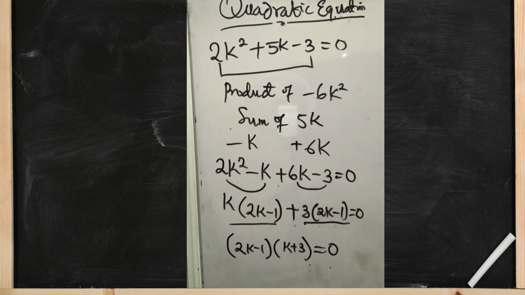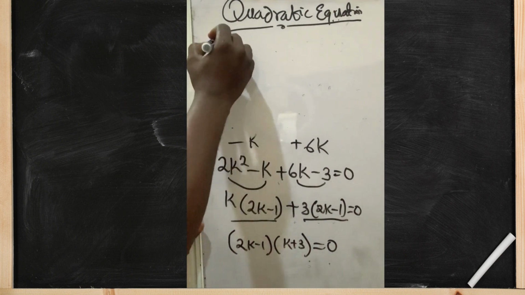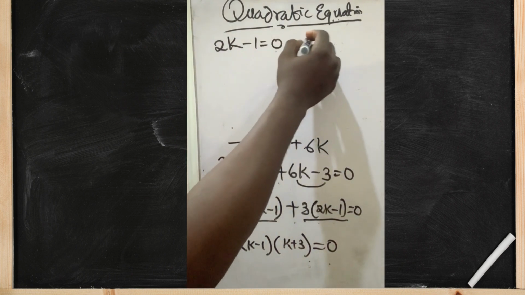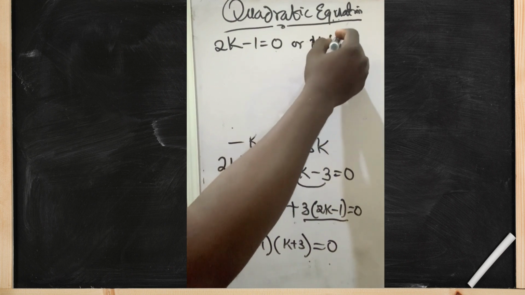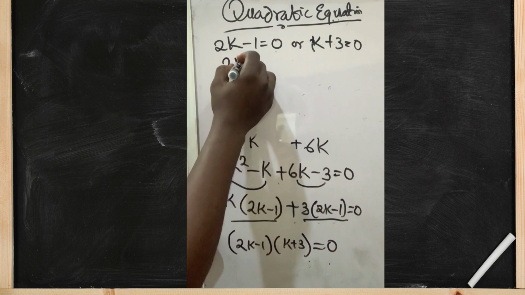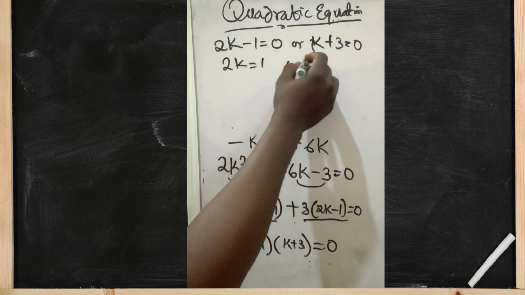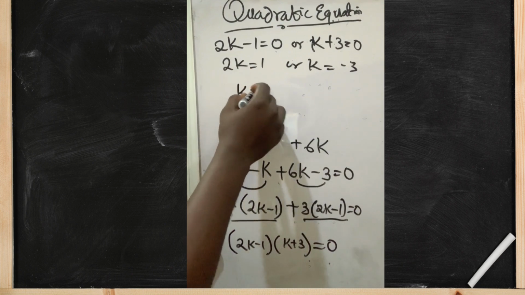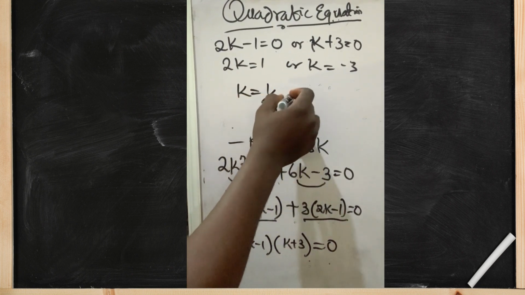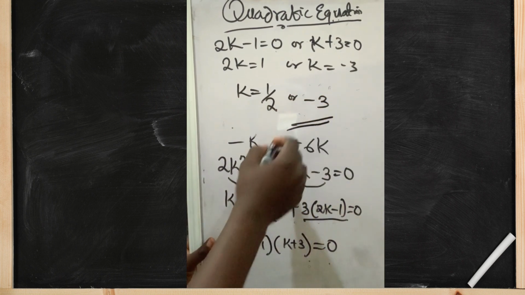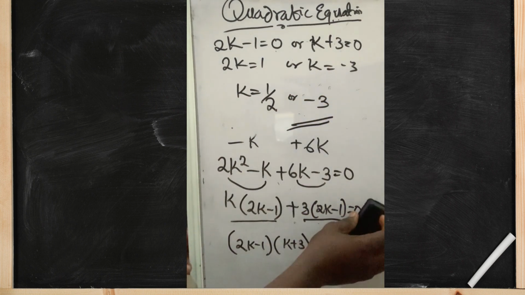Now, 2k minus 1 equals 0, or k plus 3 equals 0. Then 2k equals 1, or k equals minus 3. k equals 1 over 2, or minus 3. So that's the answer to k.